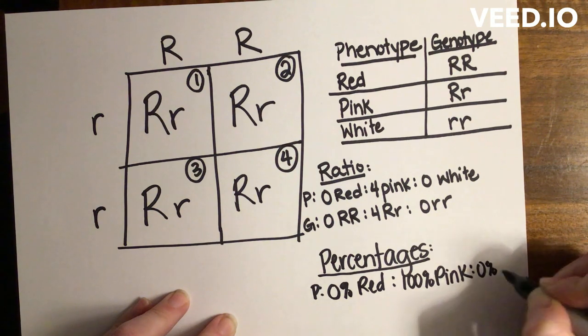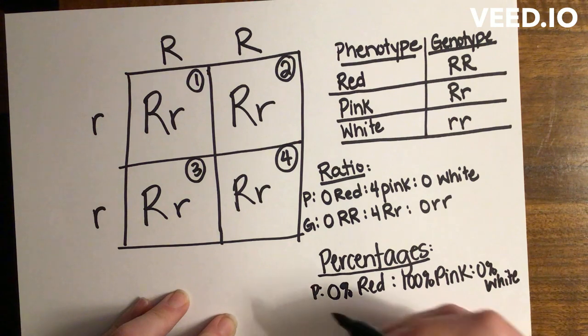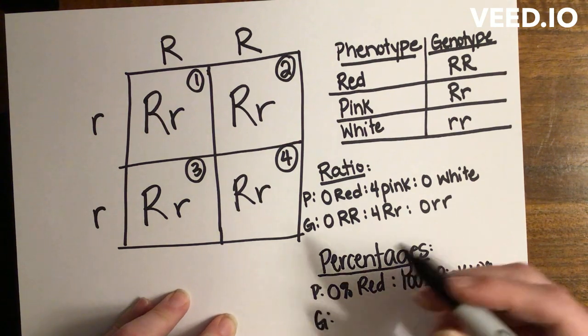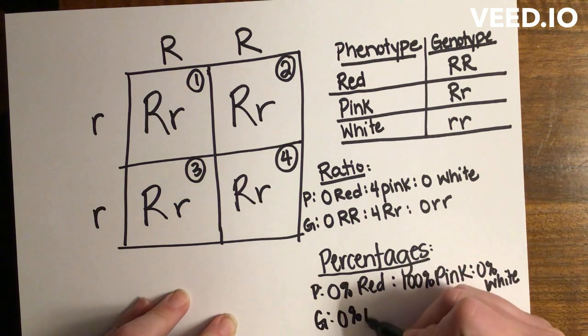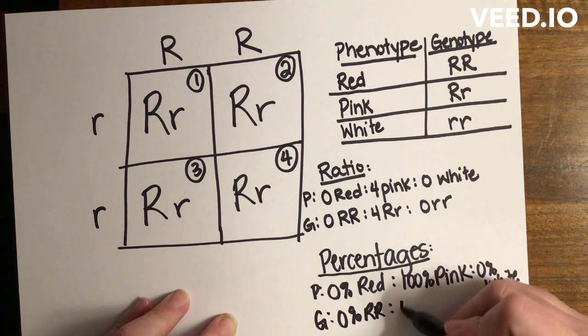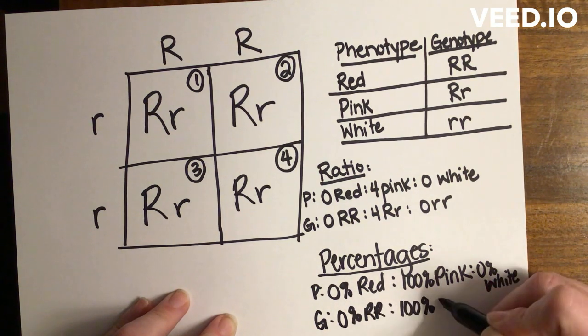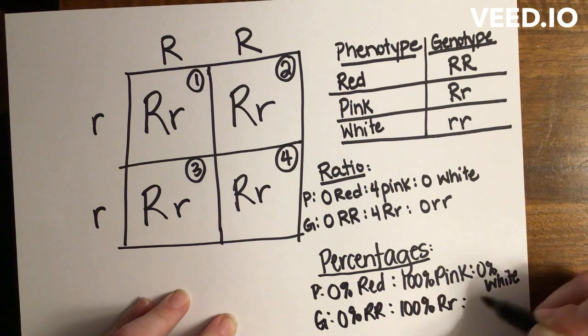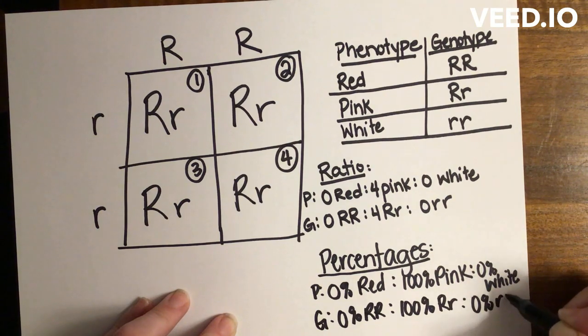And 0% white. For my genotype, I would write 0% homozygous dominant, 100% heterozygous, and 0% homozygous recessive.